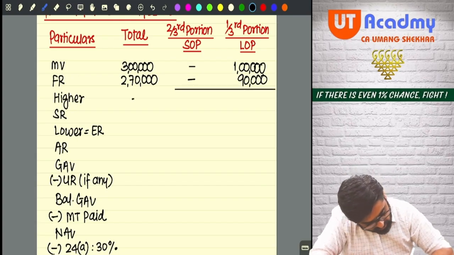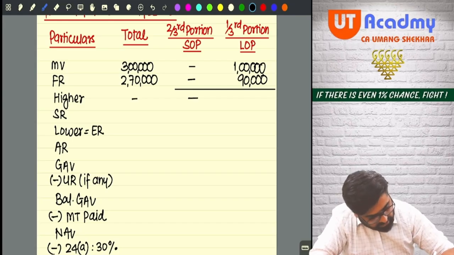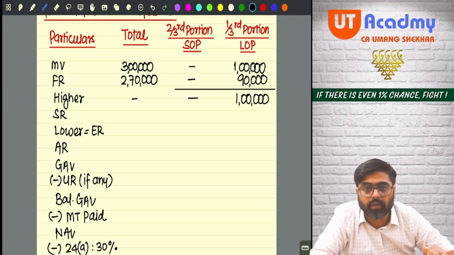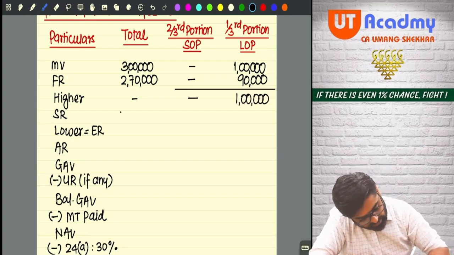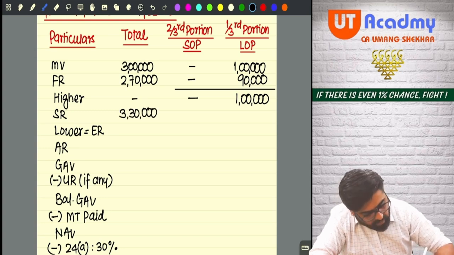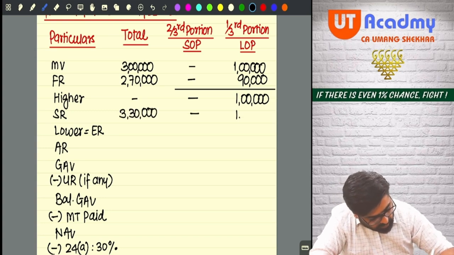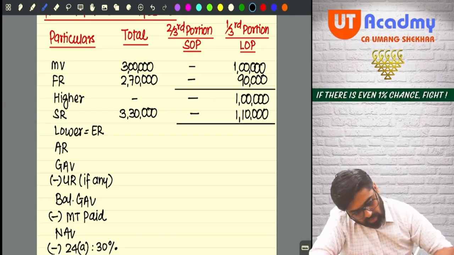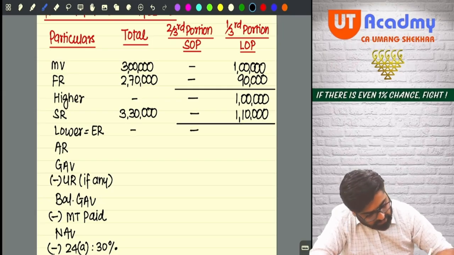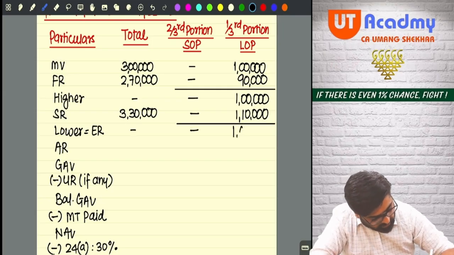Higher amount I will put a dash here, I will put a dash here, and here I will write down 1 lakh. Are you all understanding what is happening? Now what is the standard rent? Come on, tell me. 3,30,000. Put a dash here and put 1,10,000 over here. Tell me. Lower amount, dash here, whichever is lower, 1 lakh.